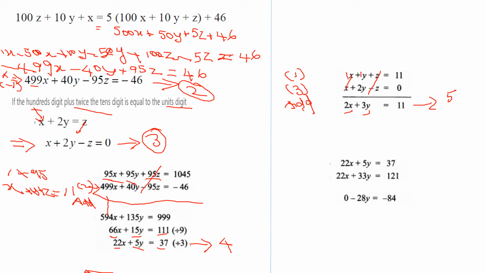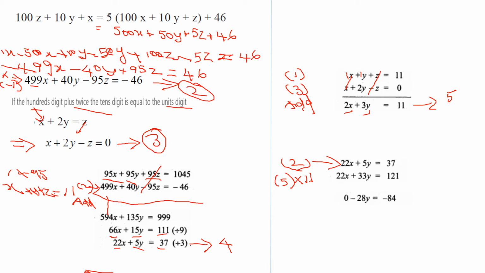Next, you take the second equation and the fifth equation, 2x plus 3y equal to 11, multiplied by 11.